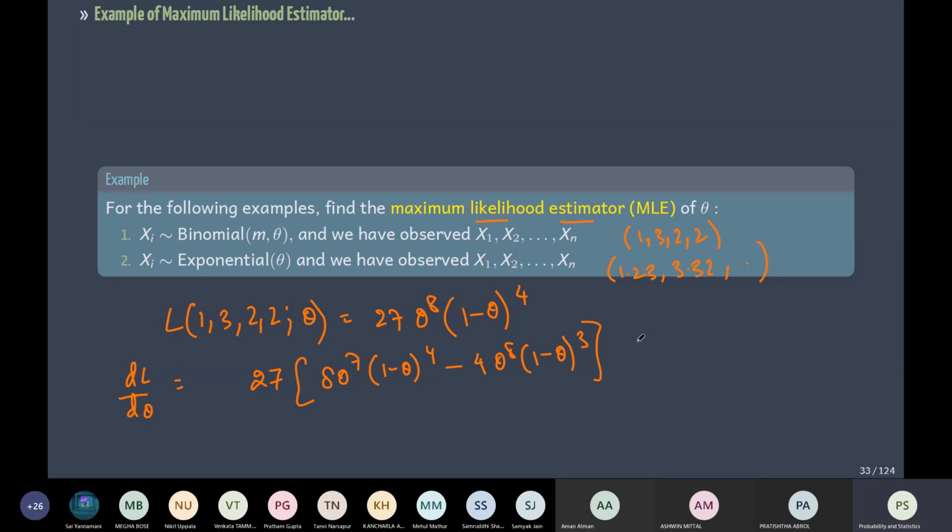Then we equate it to 0. So this would imply, you can check, theta equals 2 over 3. So what is the value for which this is maximized? This is the value for which this is going to be maximized.